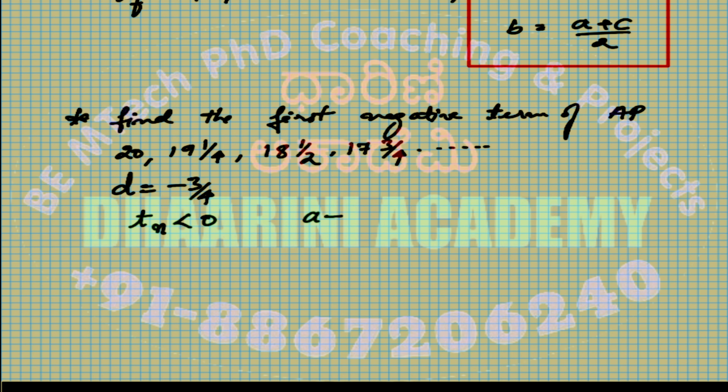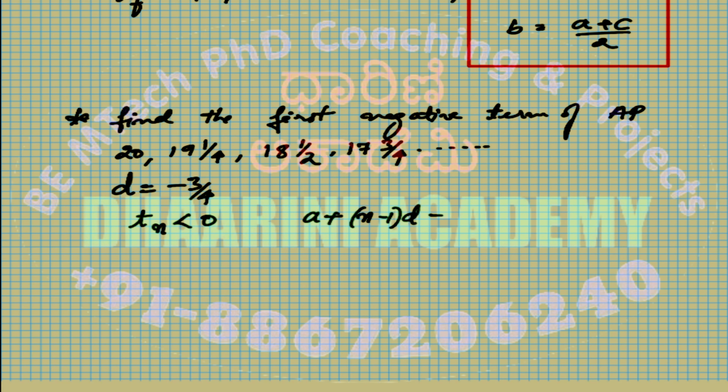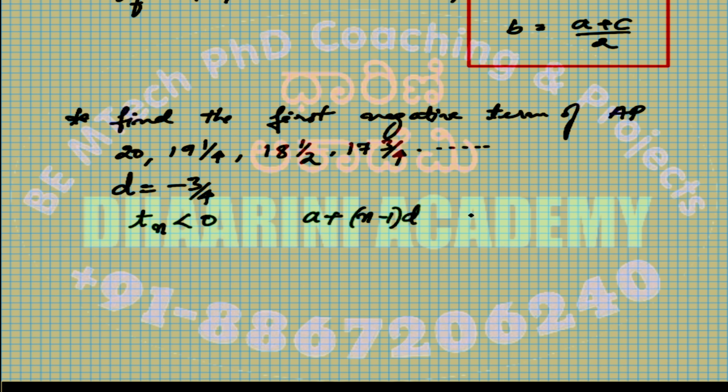So A plus n minus 1 into D should be, you can even equate to 0, doesn't matter, right? Let me say it is less than 0. So substitute, first value is 20 plus, let me keep n minus 1 as it is for the time being, into D is equal to minus 3 by 4, should be less than 0. Let me multiply by 4 throughout.